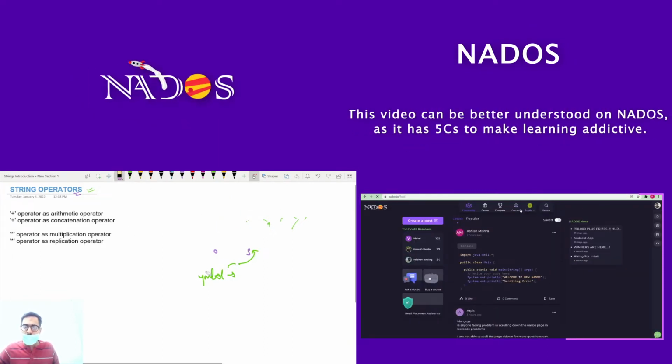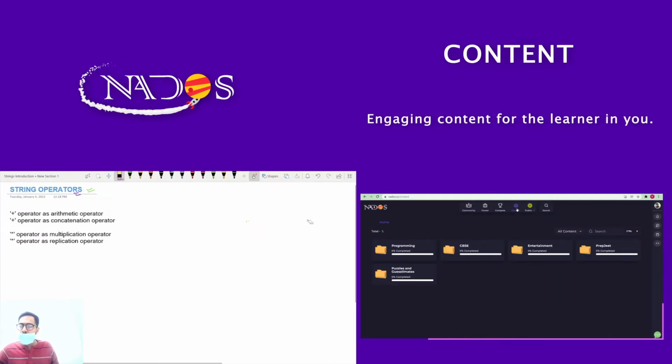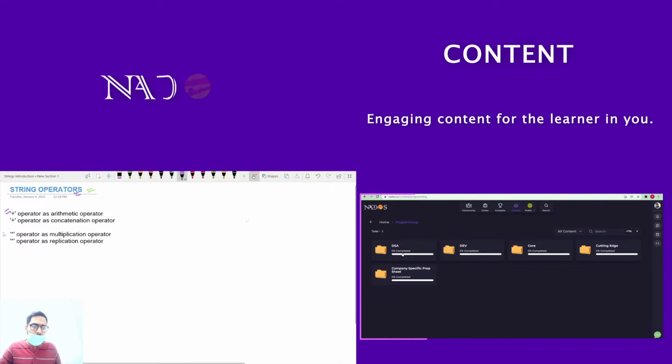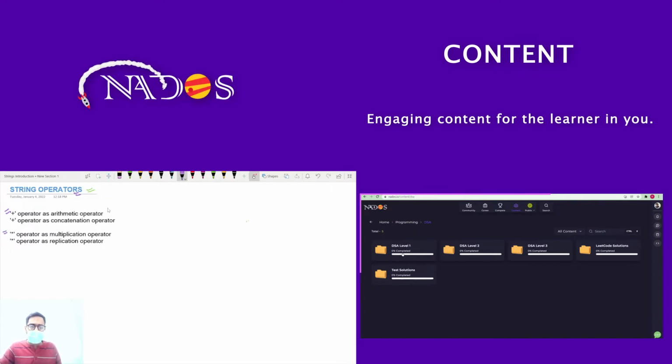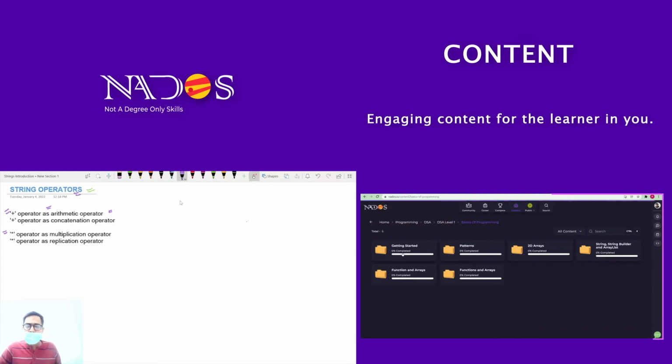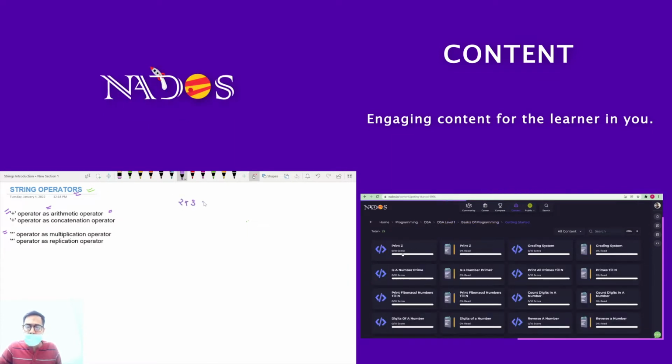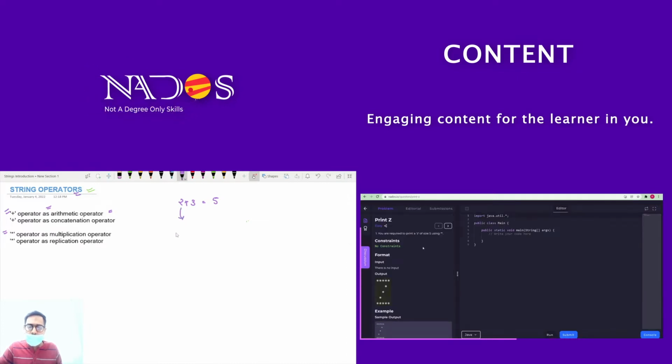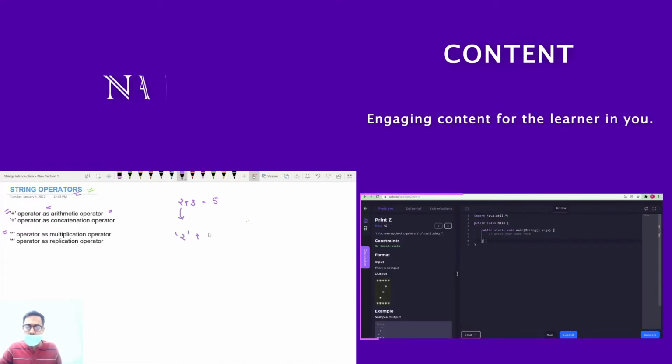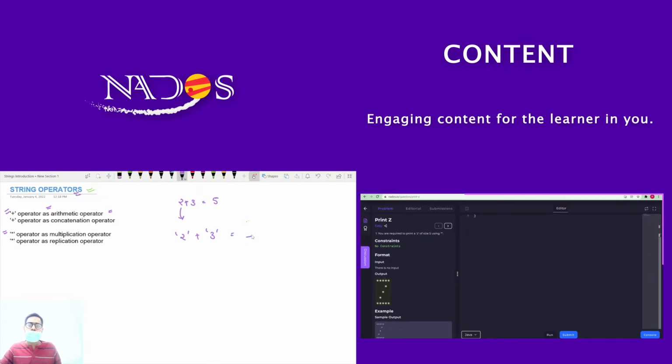Now, I think everyone is familiar with these two operators, plus and multiplication. Read the first line: plus as an arithmetic operator. When you write 2 plus 3, it will give you 5. But if you convert the 2 into a string and write 2 plus 3, what output will it give?